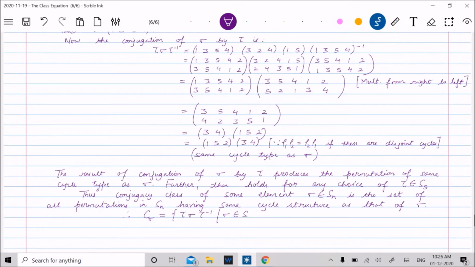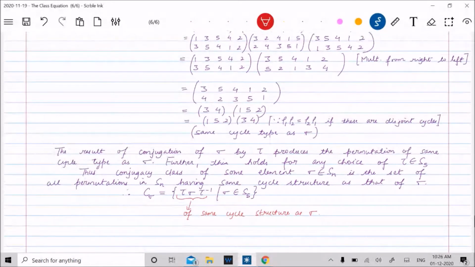Tau belongs to S5, and this one, especially this one, I will highlight this. This will have the same cycle structure as sigma. Right? Is it clear to both of you, Shreya and Mridul?